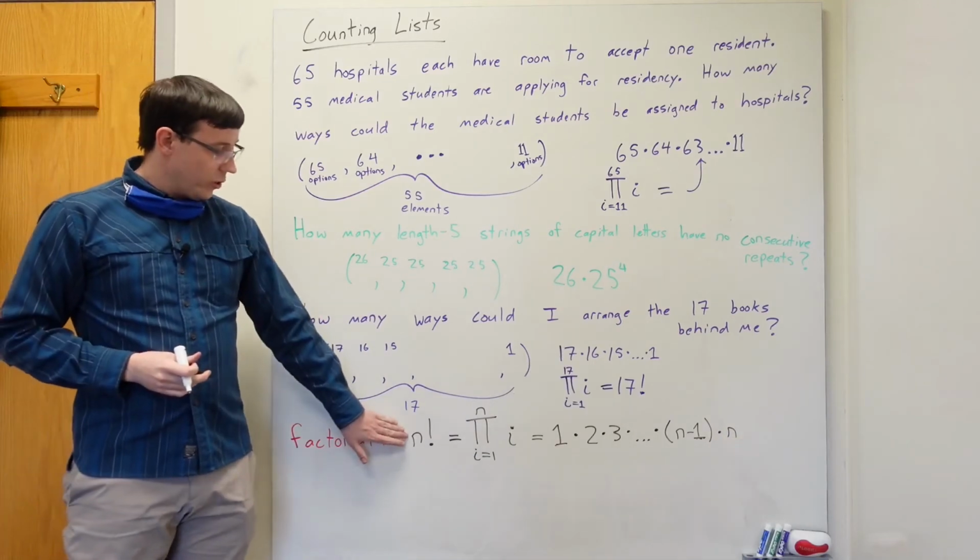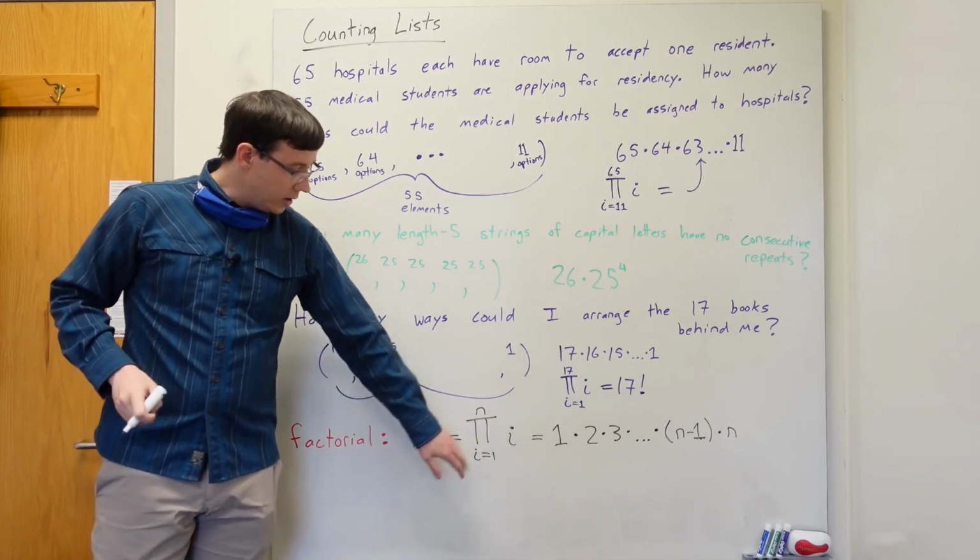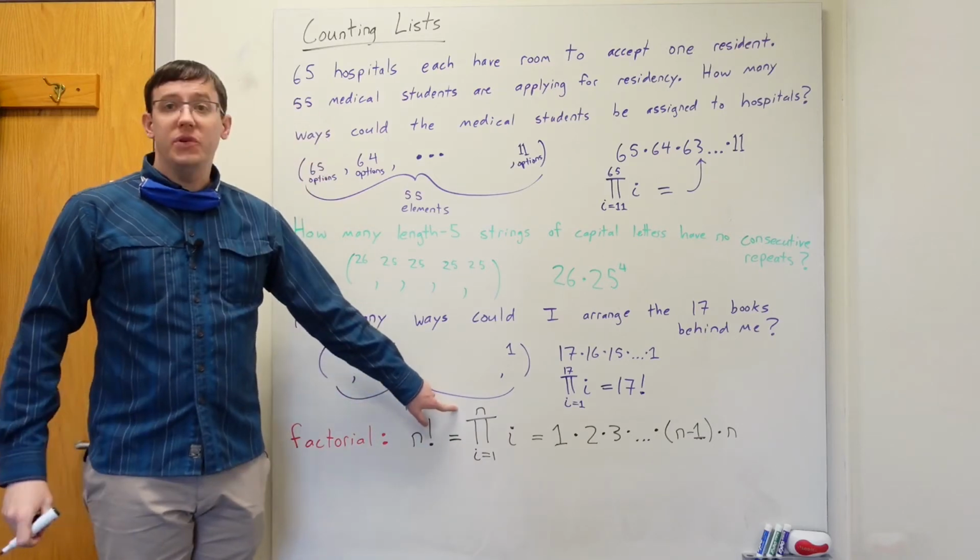So n factorial is the product of all of the integers from 1 up to n.